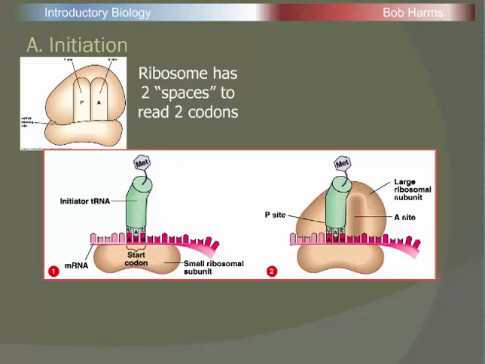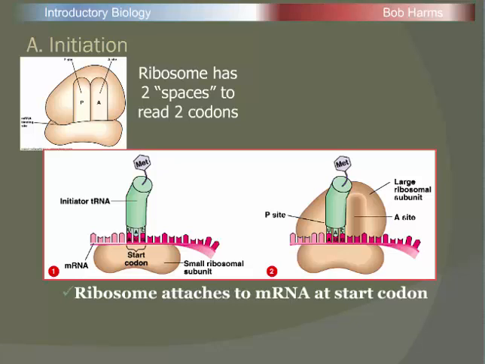And so on the left there, if we start, what's going to happen is that messenger RNA at the start codon, that AUG, is going to bind to the small portion of the ribosome, that bottom plate. Once those 2 things bind together, then that transfer RNA with the matching anticodon, which would be UAC, is going to come in and bind to that start codon. So again, we're starting to accumulate all of our chemicals together.